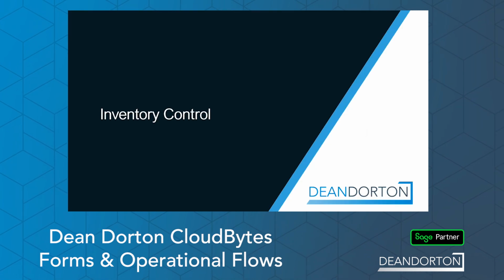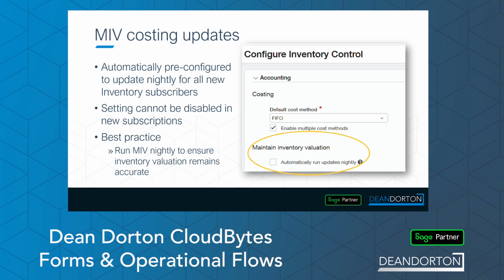Okay. So regular or standard inventory control, some MIV costing updates. MIV stands for maintain inventory valuation. So this is a process that you can check a box and it will run through and make sure that your inventory valuations are not off within your environment.